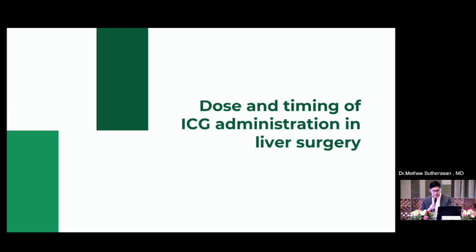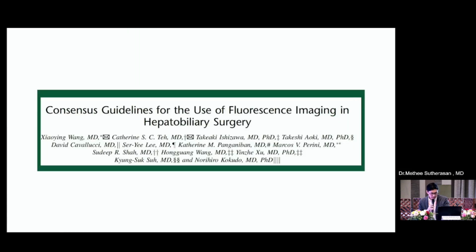And the last part of my presentation is about the dose and timing of ICG in liver surgery. This is the most controversial part of ICG in liver surgery, because the dose varies depending on the surgeon and the center, and many studies provide many data about it.